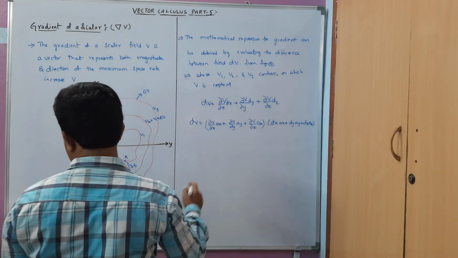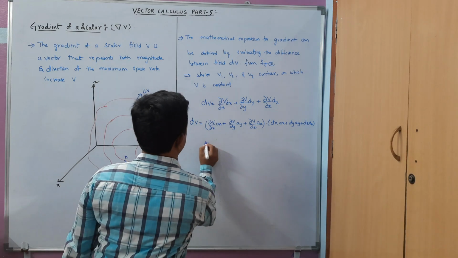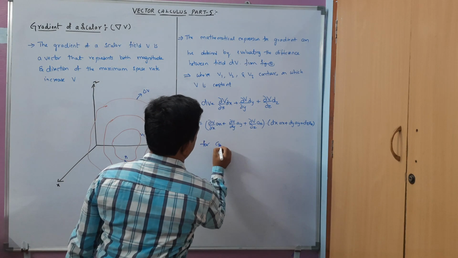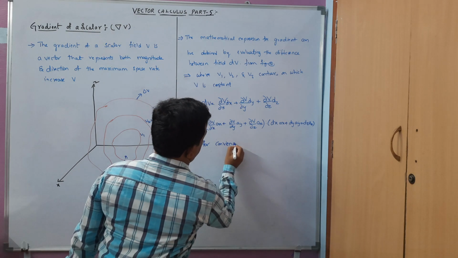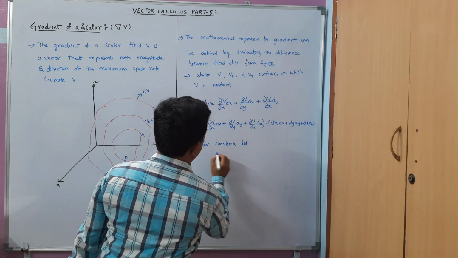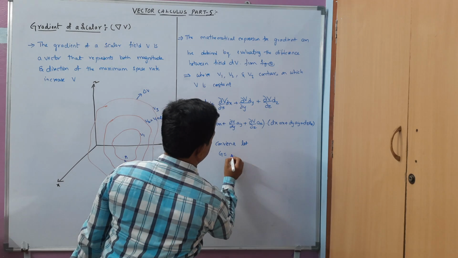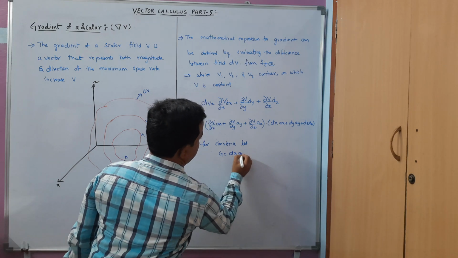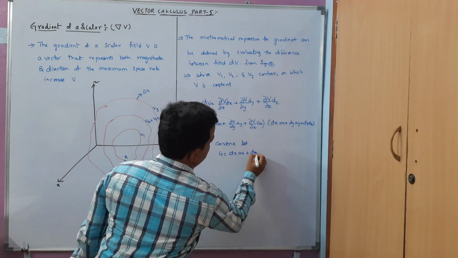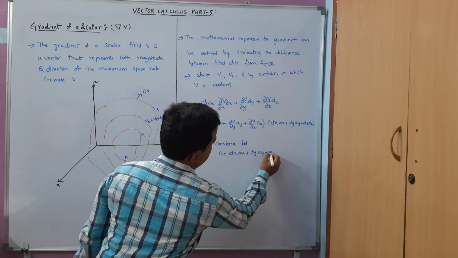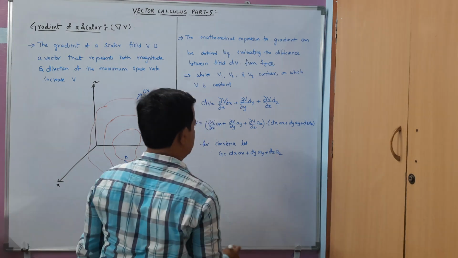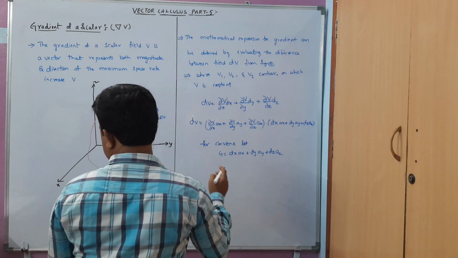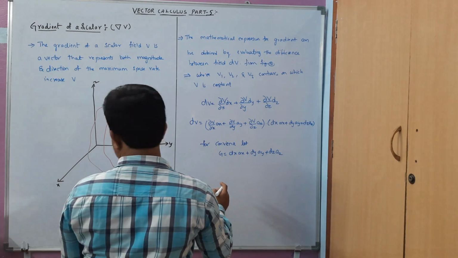So for our convenience, let us take G equal to this one, dx Ax plus dy Ay plus dz Az. So now I get here like this, this one, not this one.